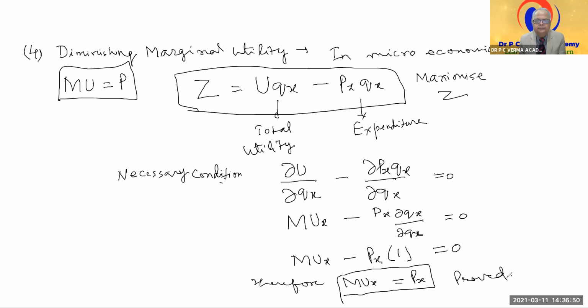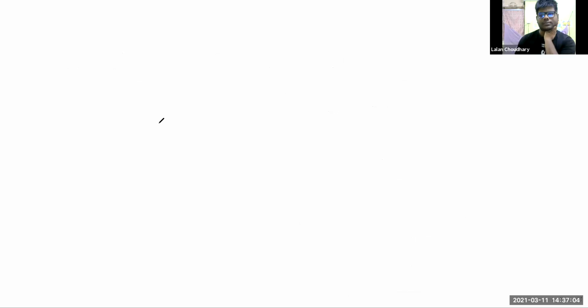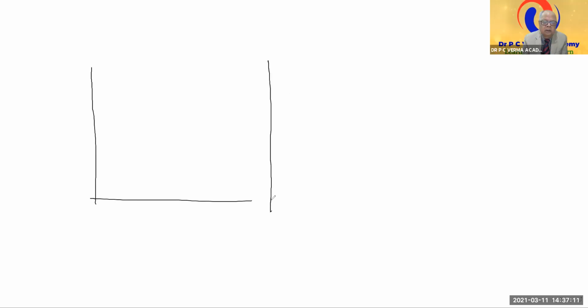And we find that, look here. This is the quantity of X. But this is marginal utility, and naturally, this is price.